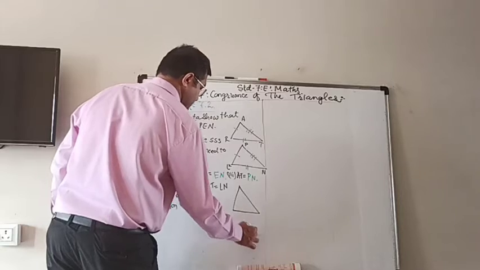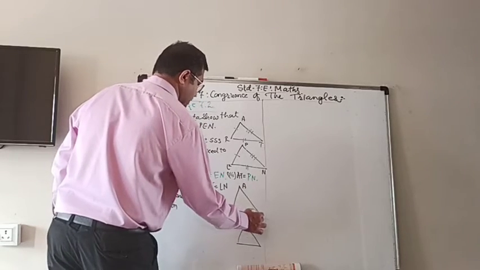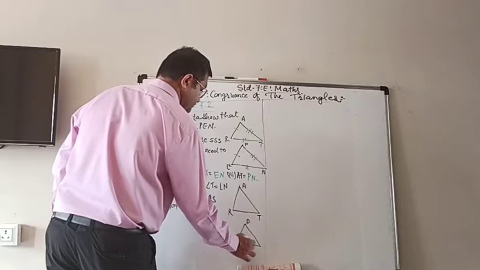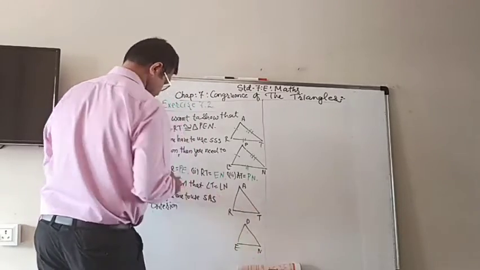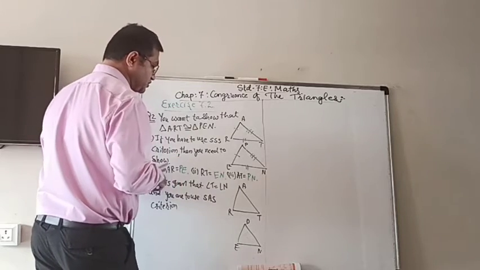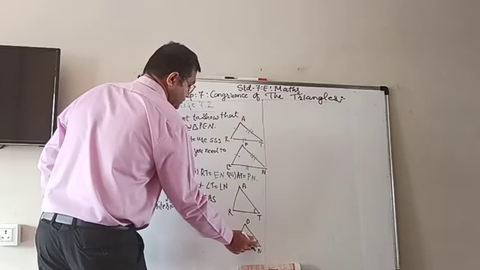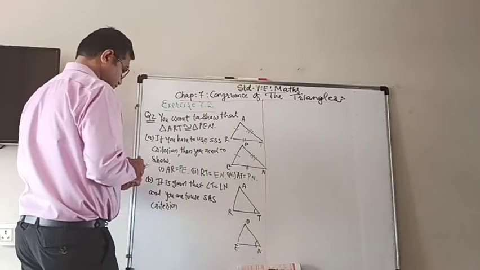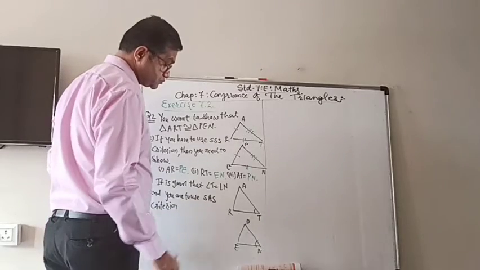Again, we can draw the figure, so it can be easy, ART and PEN. Angle T, we can take another marker, so angle T is equal to angle N, that is given. And you have to use SAS criteria.